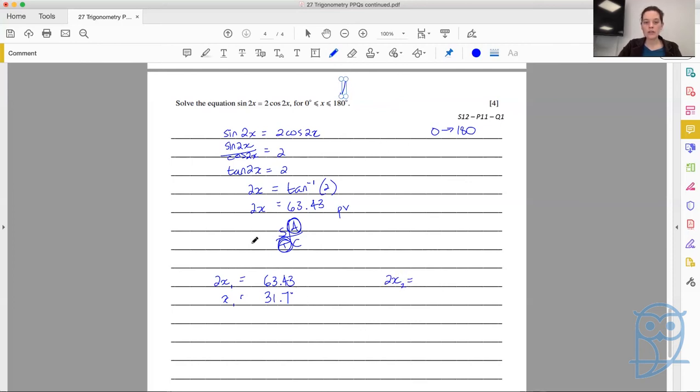2x2 is going to equal 180 plus 63.43. And here's the magic. X2 is going to equal 180 plus 63.43, all divided by 2, which brings us down to 121.7 degrees. You see the magic?